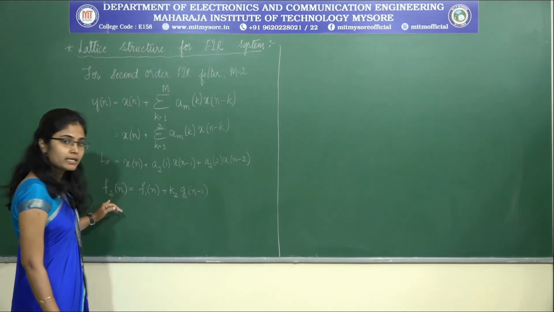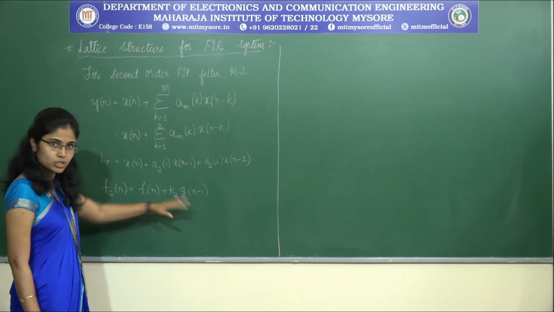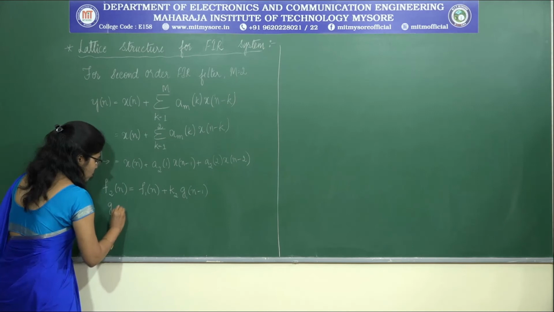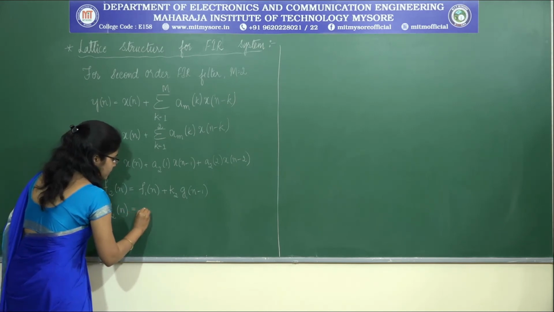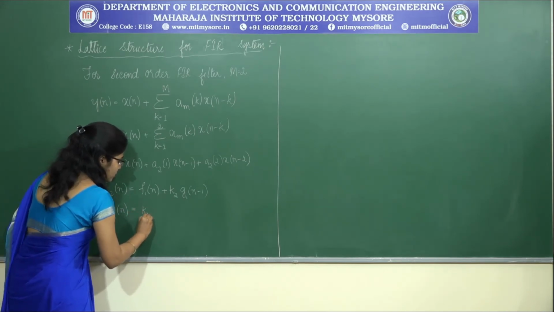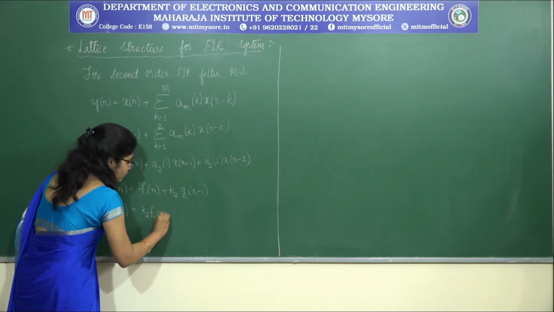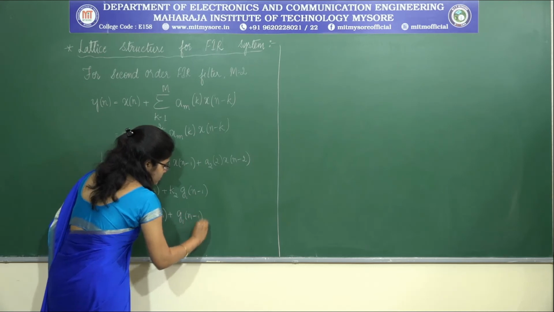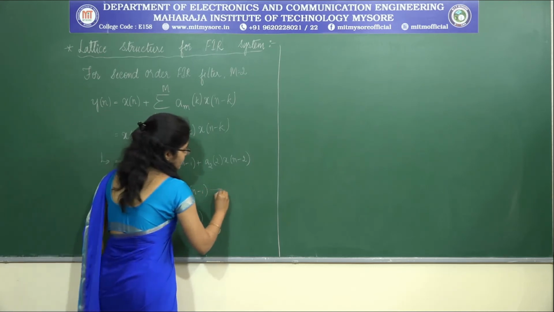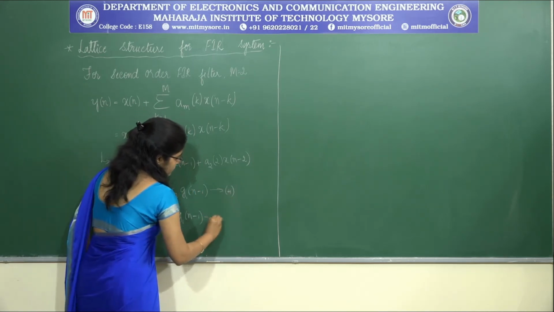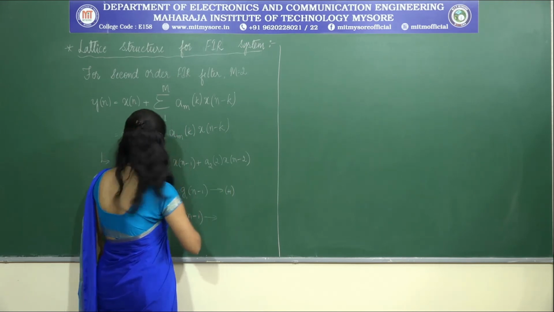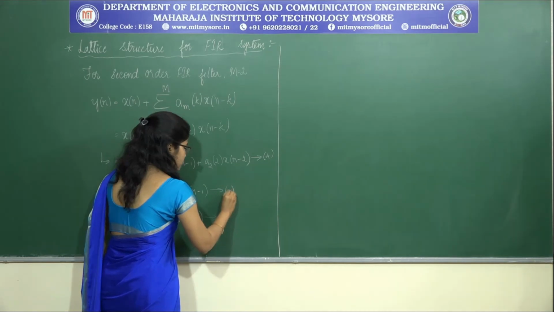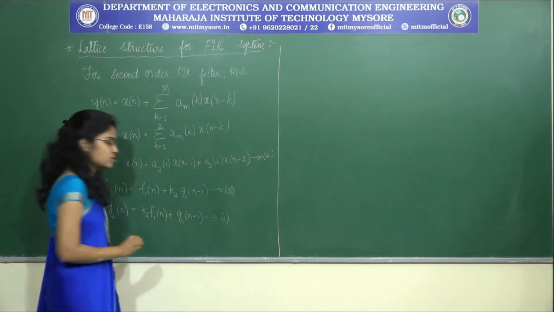Just I am rewriting in terms of f2. So the equation will be this. So then g2 of n will be equal to k2 into f1 of n plus g1 of n minus 1. So let us term this as equation 4, let this be equation 5 and let this be equation 6.